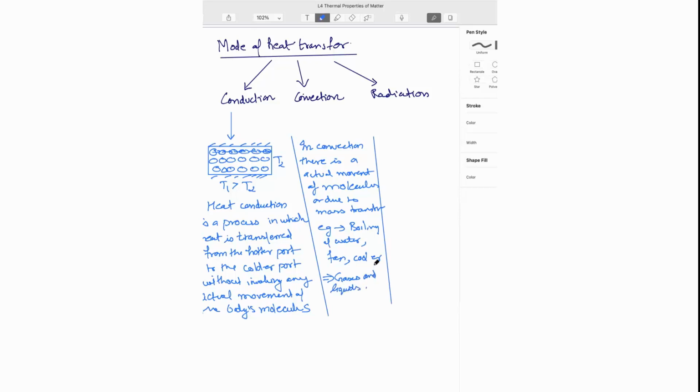Okay. Now, the last phenomenon, that is radiation. It does not require any medium to transfer heat.